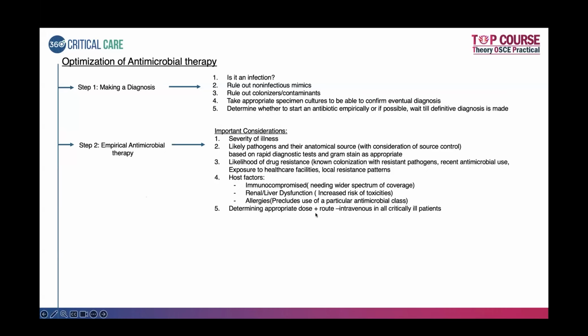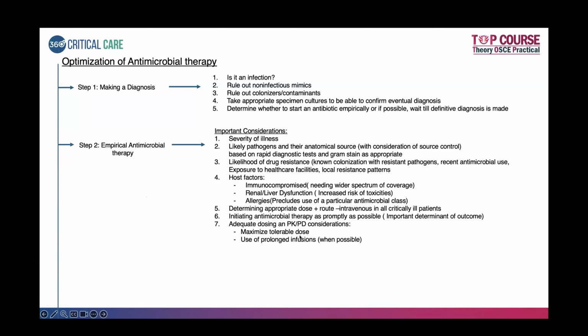Then determining the appropriate dose and the route. Intravenous route is the standard in all critically ill patients in the initial phase of the disease. Then initiating antimicrobial therapy as early and as promptly as possible. That is one among the most important determinants of outcome. And adequate dosing with PK/PD considerations.